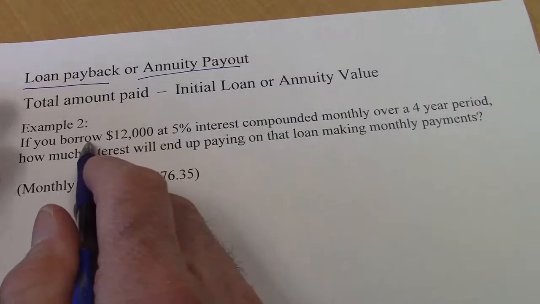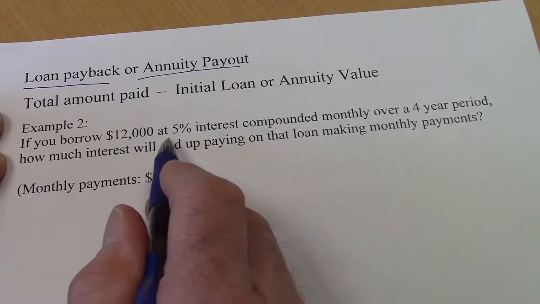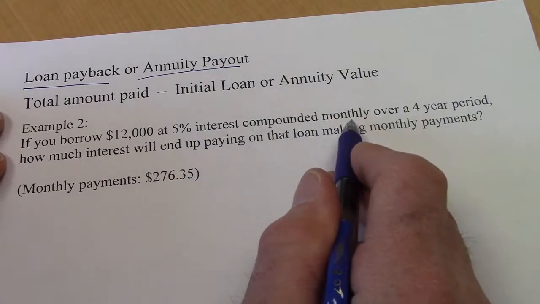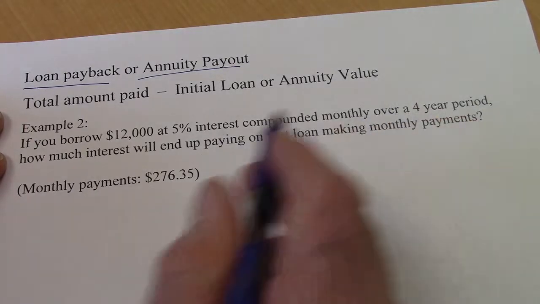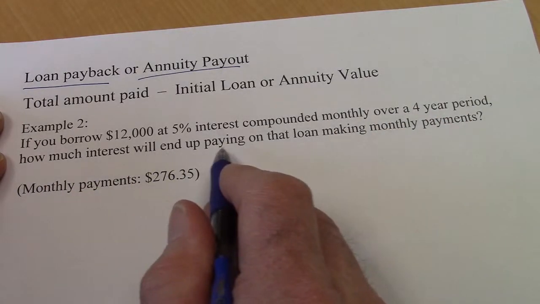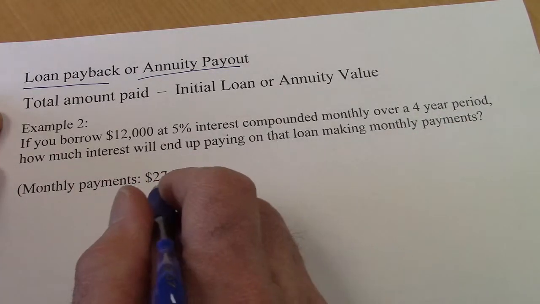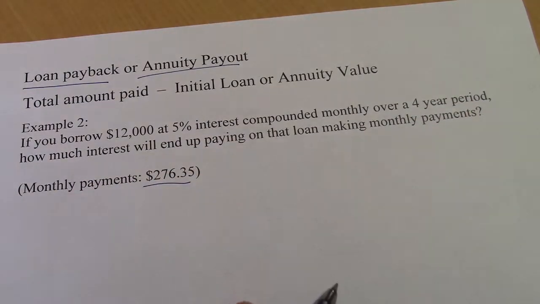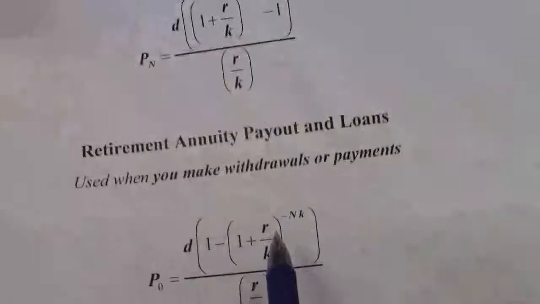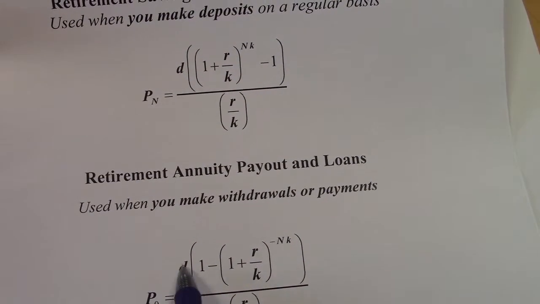So if you borrow $12,000 at 5% interest compounded monthly over a 4-year period, how much will you end up paying on that loan if you're making monthly payments? So there's a way to calculate. Now for this problem, you could use this formula to calculate your monthly payments.